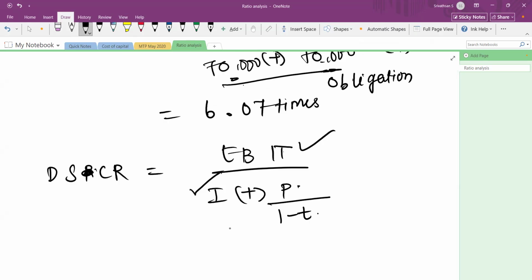But you are going to pay this principal amount out of profit after tax, so it is an after-tax figure. So this needs to be converted into before tax for consistency. This alone cannot be after tax. So we are dividing it by 1 minus T. So this is an alternative way of doing it. Now you got it.